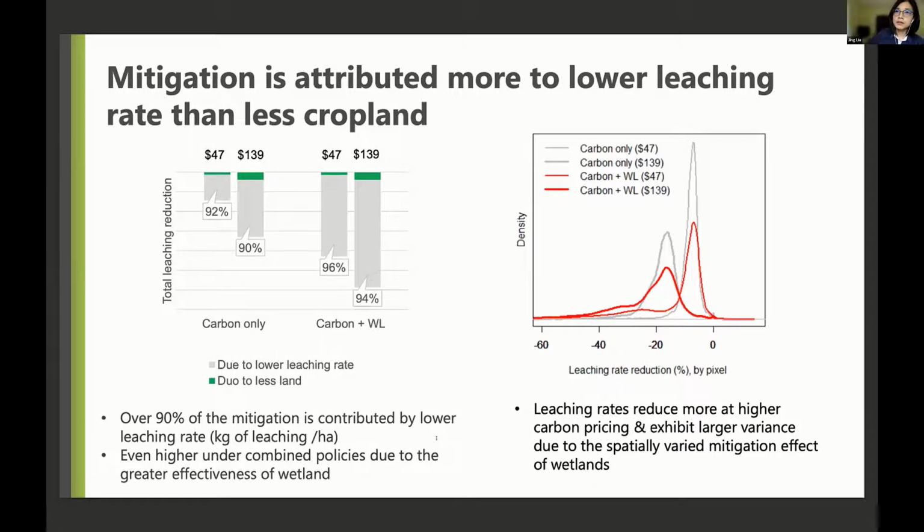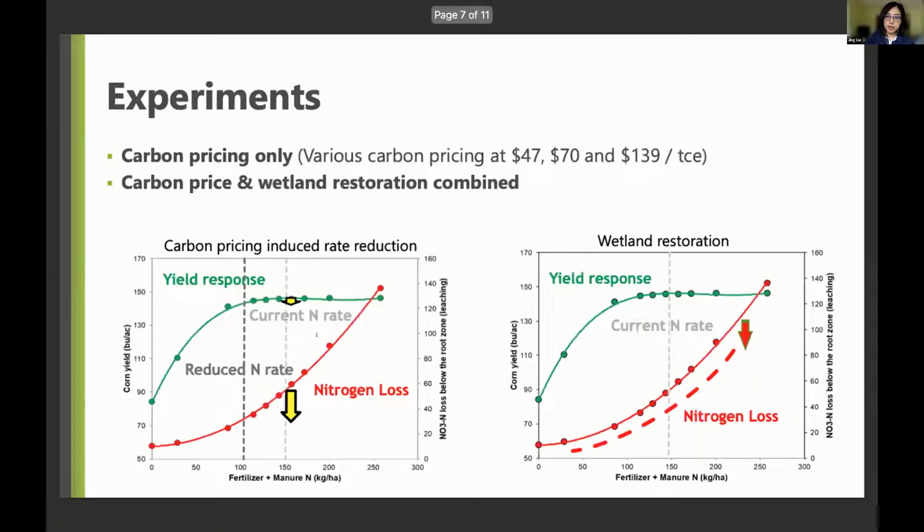So where does this nitrogen leaching reduction come from? We try to decompose the total amount of reduction into the extensive and intensive margin. For the carbon policy alone, you see a very large share comes from the intensive margin. That means you're moving along this curve.